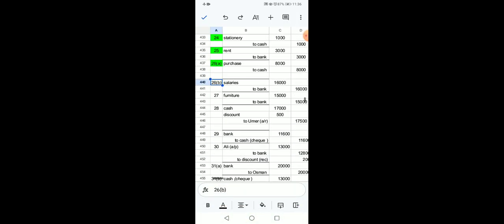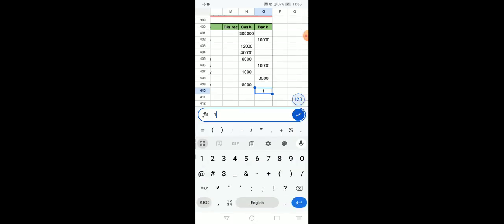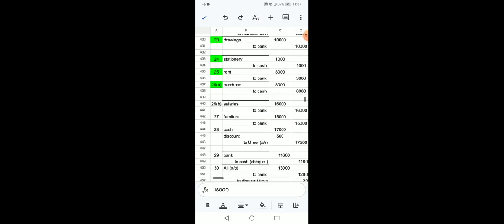And now we are at 26B. There are two elements, but we are associated with only one element. Bank is credited with 16,000. Go to the credit side of the bank and write 16,000 on credit column of bank account. See the reference, which is salaries.